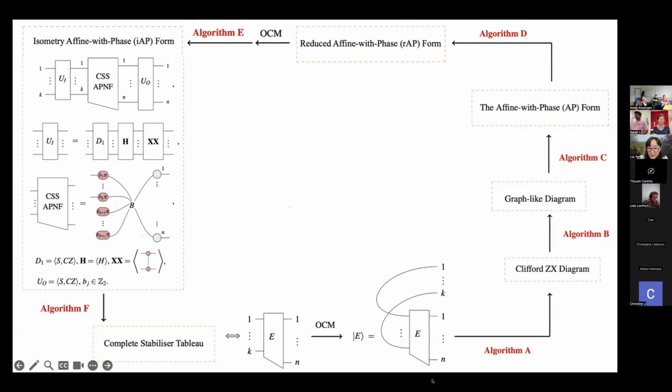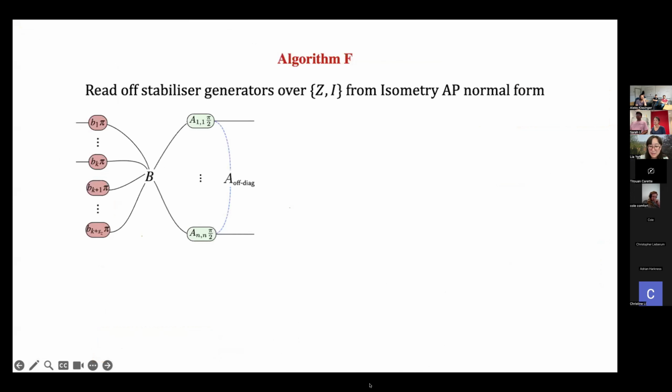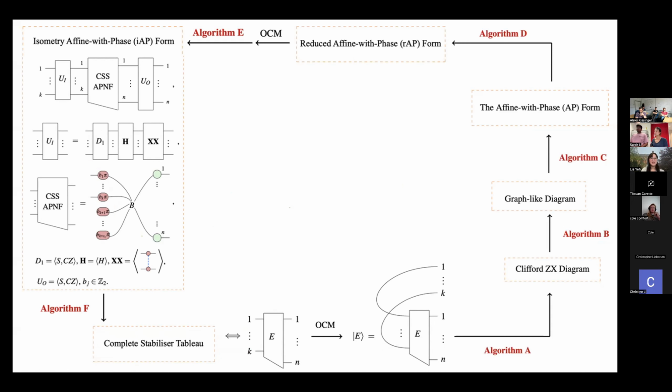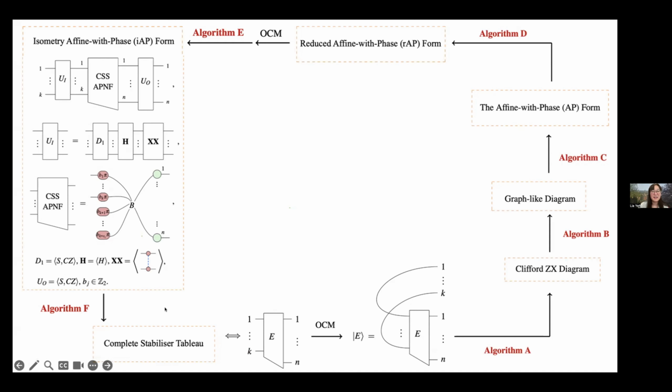So now we've essentially completed this bijective arrow, because we can go from right to left with all these efficient algorithms from A to F. And then we can also go from left to right because you can just write down the complete stabilizer tableau as a series of Pauli measurements on the choi state. Like those projectors that we showed earlier, just do that and then un-choi, and that gives you E.